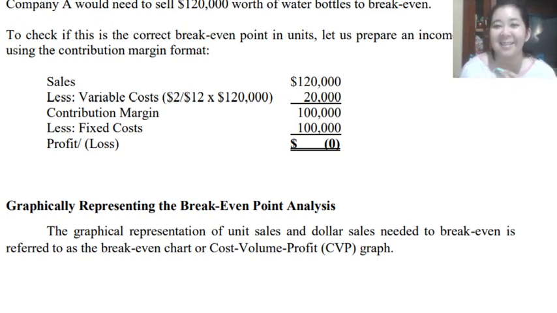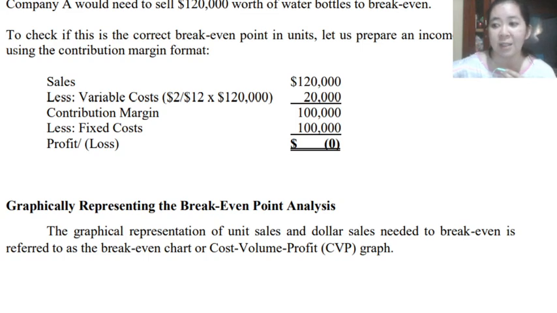So 2, which is variable cost per unit, divided by 12, which is the selling price per unit, and then we will apply it to 120,000, which is the sales.